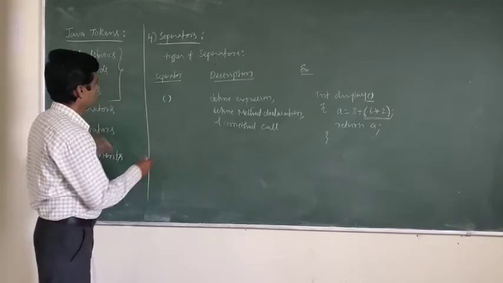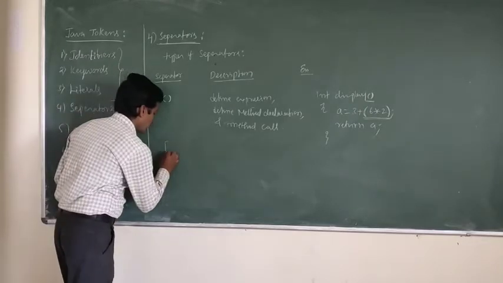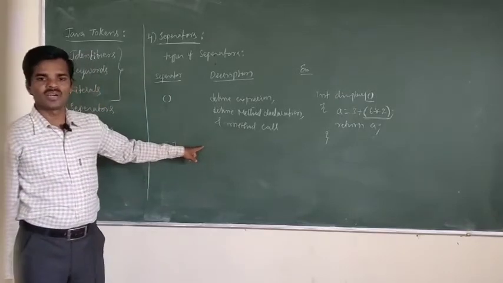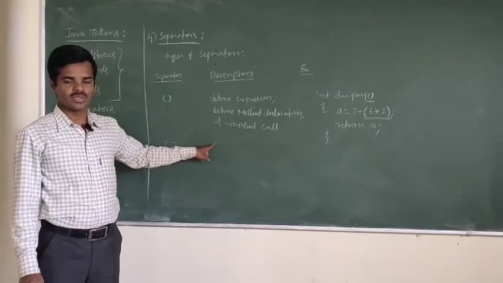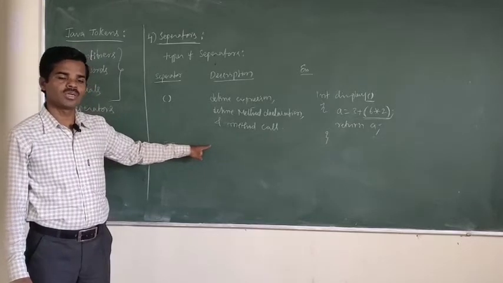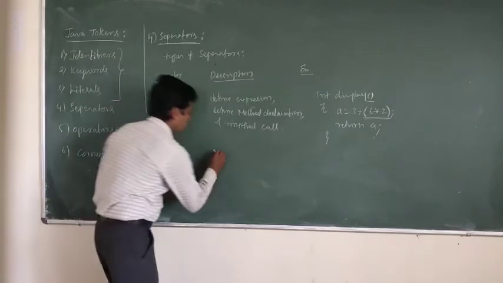Then another separator, square brackets. These square brackets we use to define an array. In any programming language, if you want to define an array, what do we use? Square brackets.